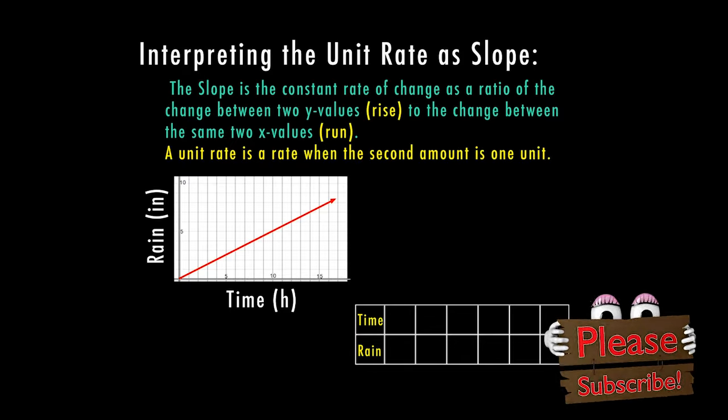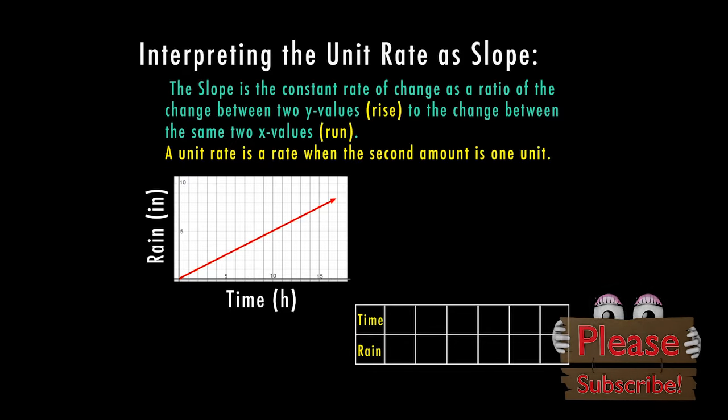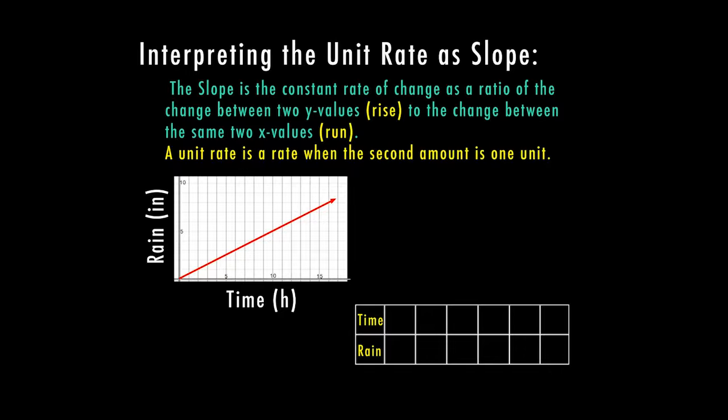So here we're comparing the amount of rain that falls over time. And according to this graph, we can see that there is a point at 2, 1, and then there's another point at 4, 2, looks like 6, 3, and so on. So we can see whenever the time is at 2 hours, we have 1 inch of rain.